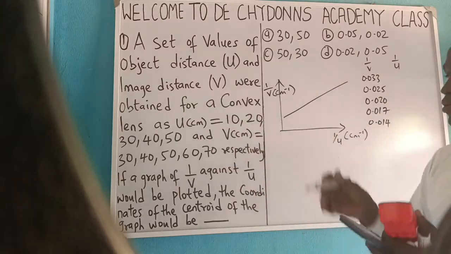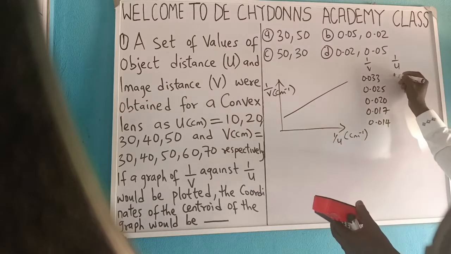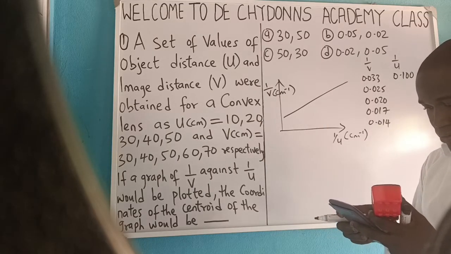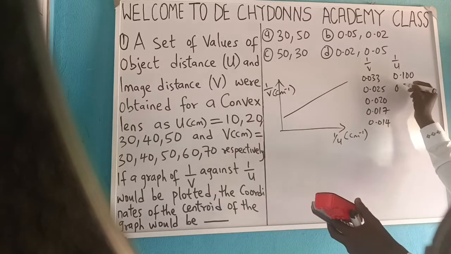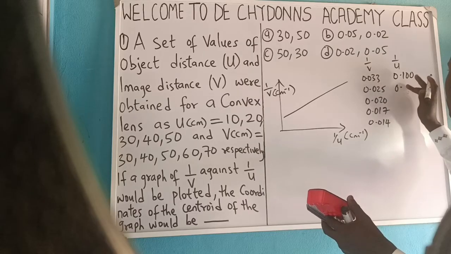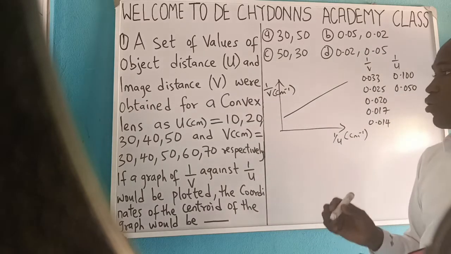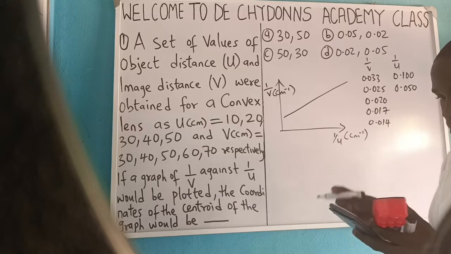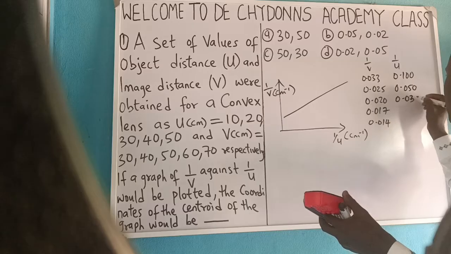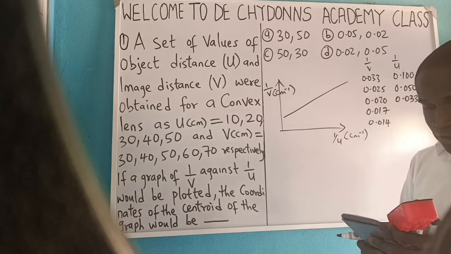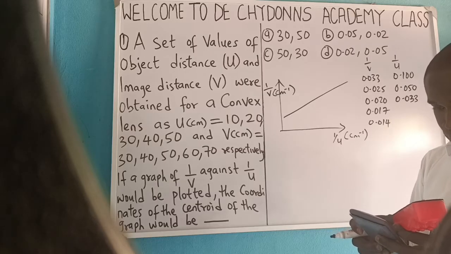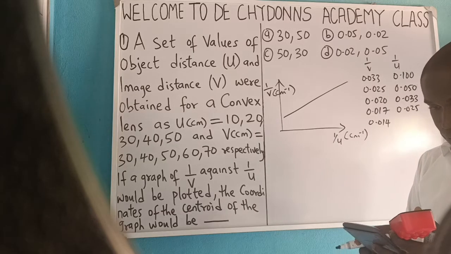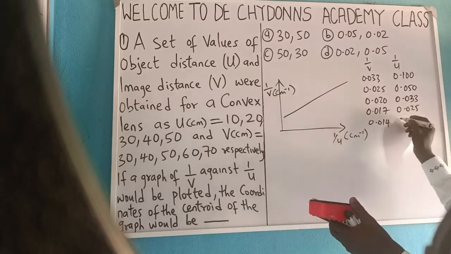Then come to 1 over u. 1 over 10 is 0.100, 1 over 20 is 0.05, 1 over 30 is 0.033, 1 over 40 is 0.025, 1 over 50 is 0.02.